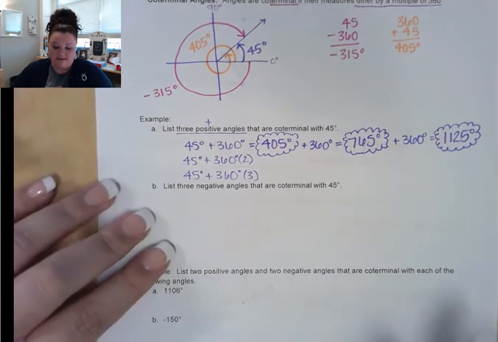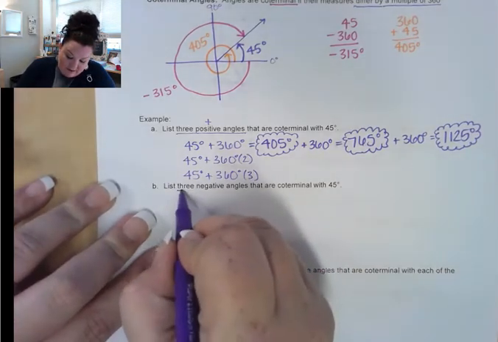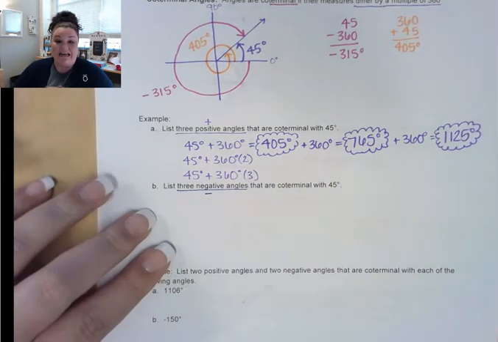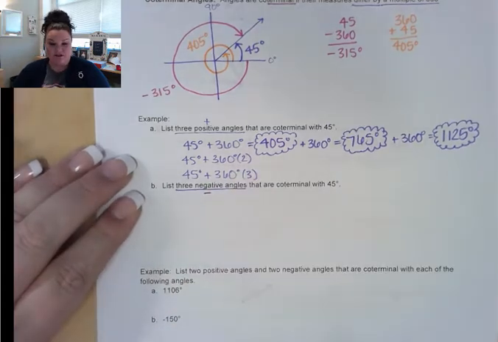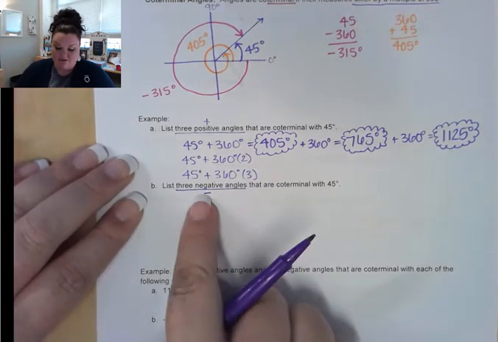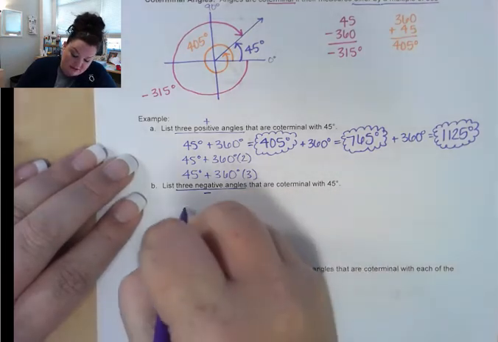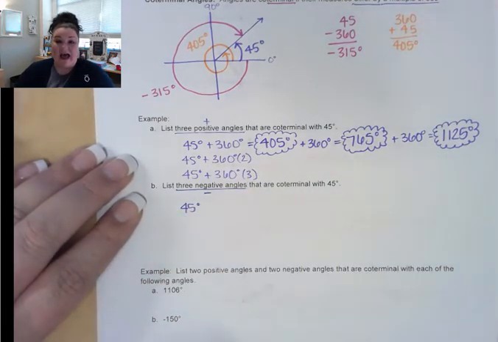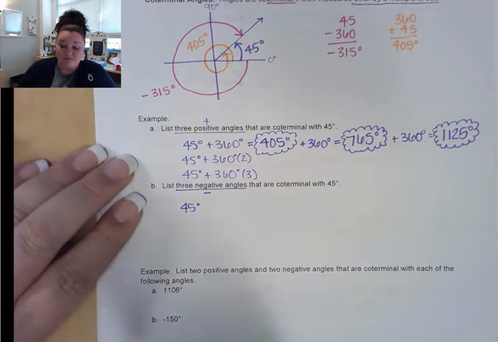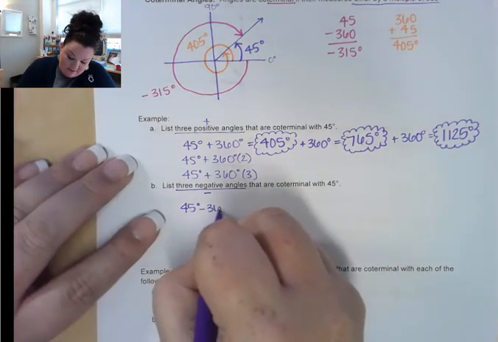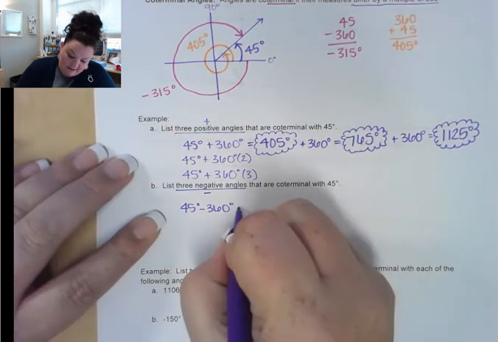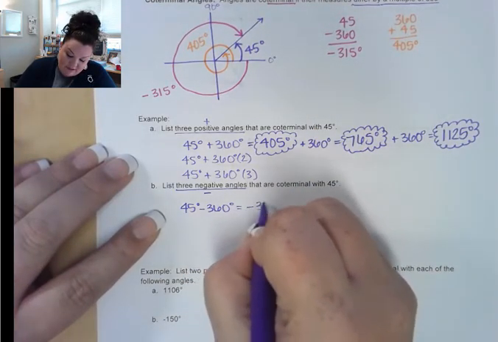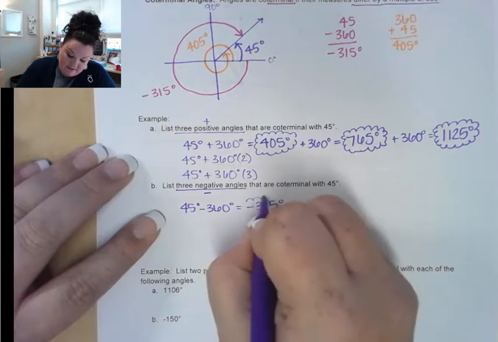All right, let's look at the next one. It says list 3 negative angles. So now we only want negative angles. I'm going to do this one, and hopefully how I did these, you'll be able to do the examples below. If I want negative angles, I'm going to start at 45 degrees, but instead of adding 360, this time I'm going to subtract 360. I already did that one up here. That gives me negative 315 degrees.